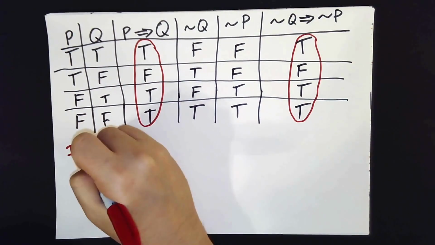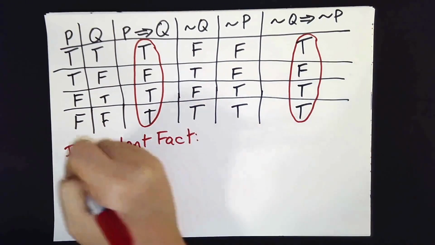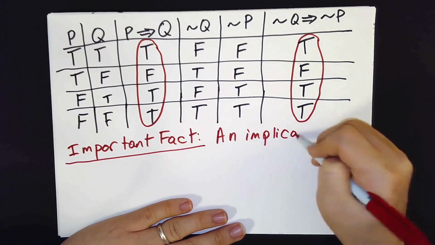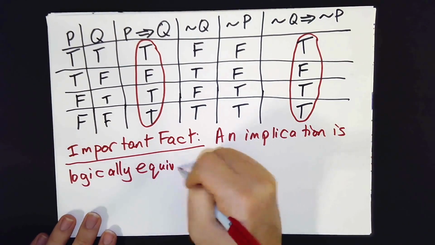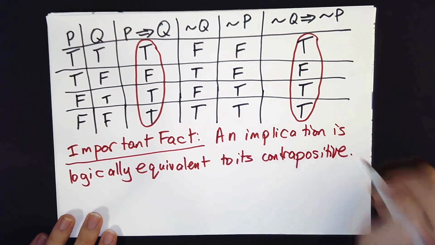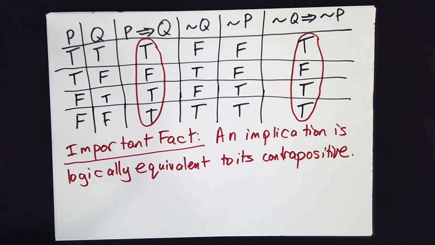And so here is an important fact that we have just proven. An implication is always logically equivalent to its contrapositive. And what that means is, if you want to know if an implication is true, you can answer that question by asking whether its contrapositive is true, because the answer will always be the same.